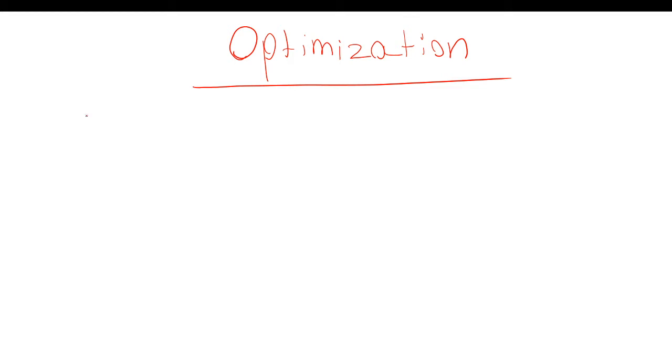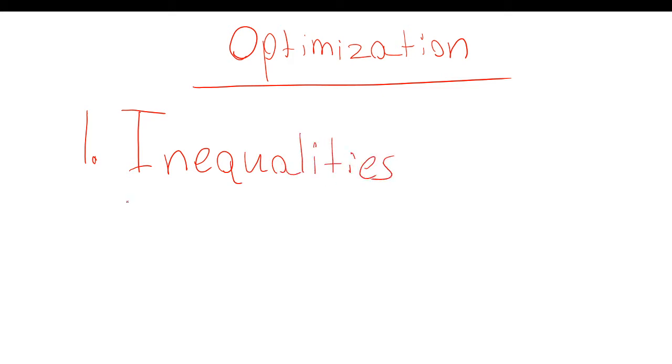So, step 1, inequalities. When you see an optimization problem, think of inequalities. Step 2, get into the problem and find what strategies you need.